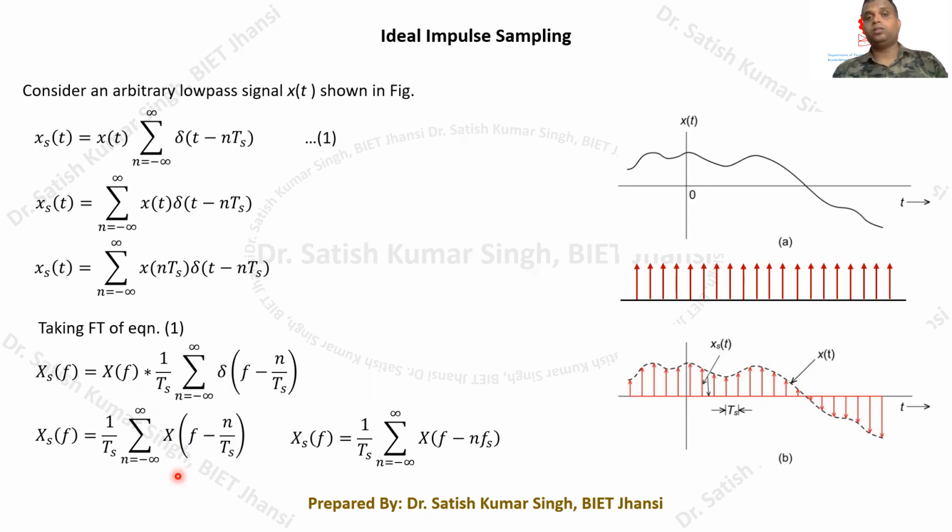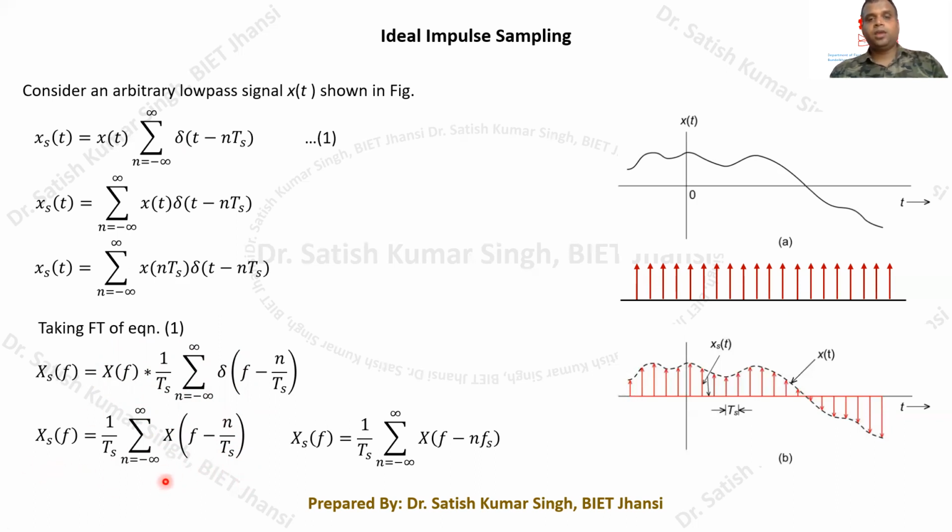Try to recall those discussions in which I talked about amplitude modulation, where I discussed all these properties. So when you convolve these, the result of the convolution is X(f − n/Ts).